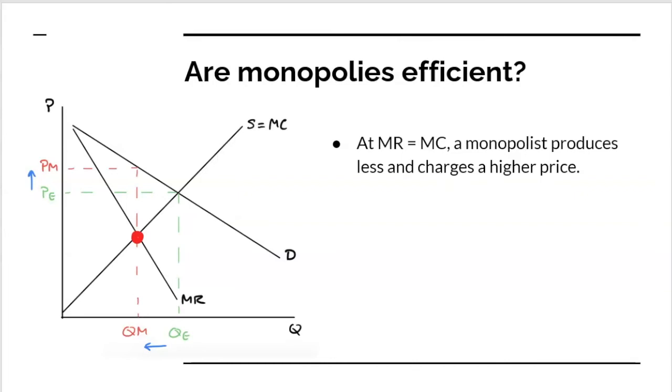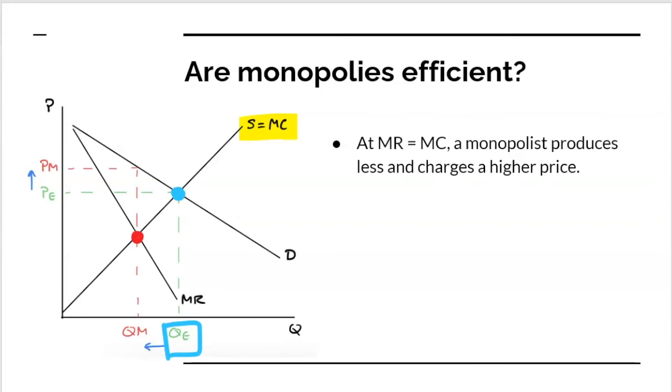So we can relabel our marginal cost curve as our supply curve. At this point, blue is where technically this firm should be maximizing both consumer and producer surplus. So in a perfectly efficient world, this monopoly will be producing at QE.